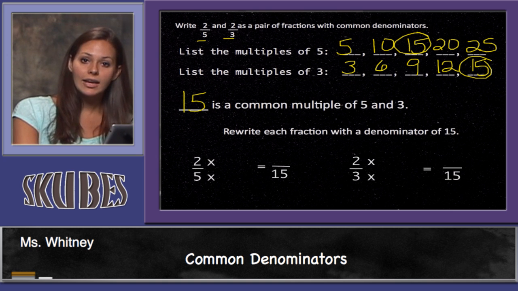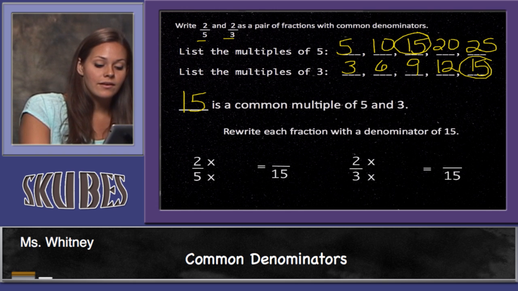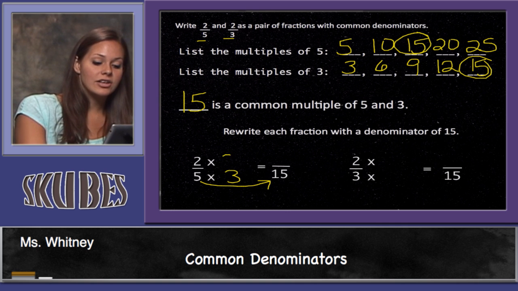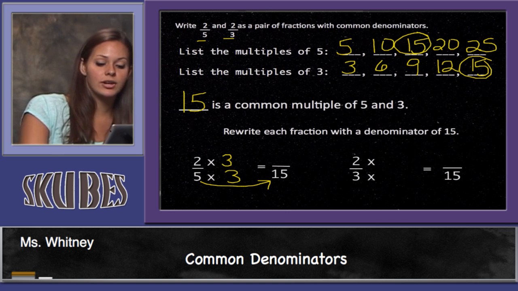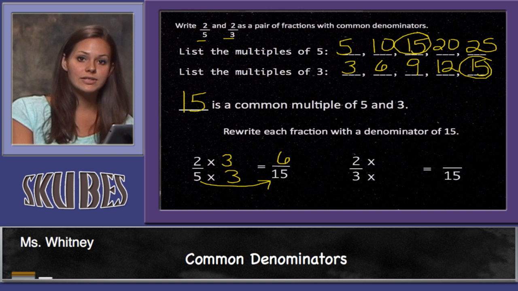So now we're going to rewrite each fraction with the denominator of 15. 5 times 3 equals 15, and 2 times 3 equals 6. Our new fraction is 6/15.